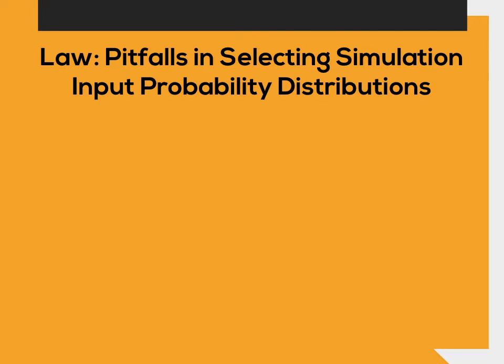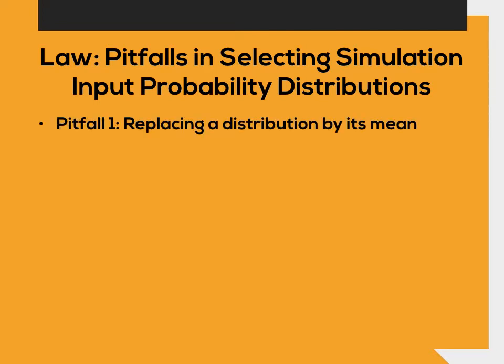The next article by Averill Law talks about some of the pitfalls in selecting simulation input probability distributions. And I want to bring these to light because if you are using the most common method where you would fit your data to a standard distribution and then use that distribution to generate random numbers, this is something you'll need to think about.